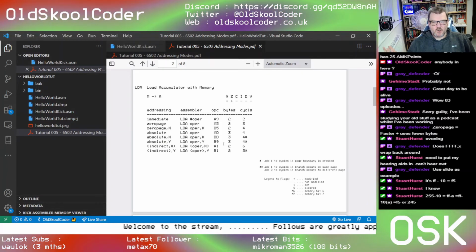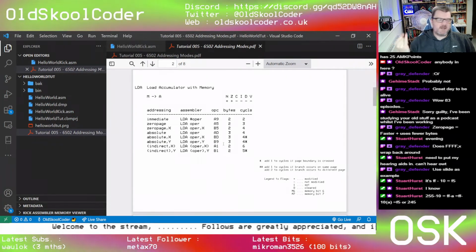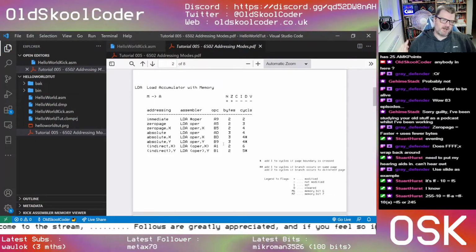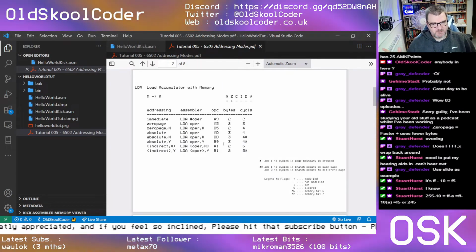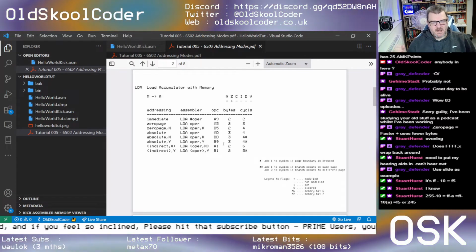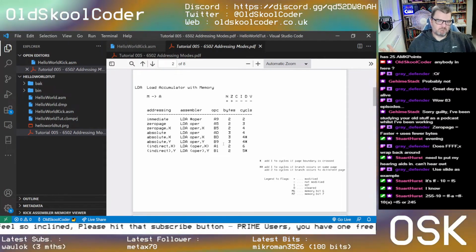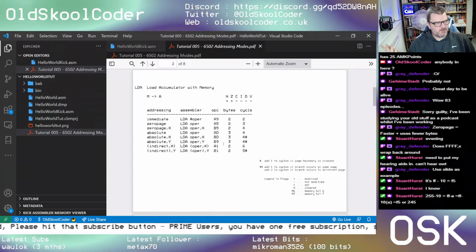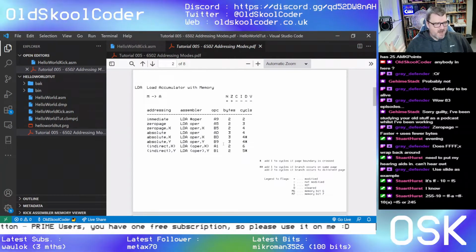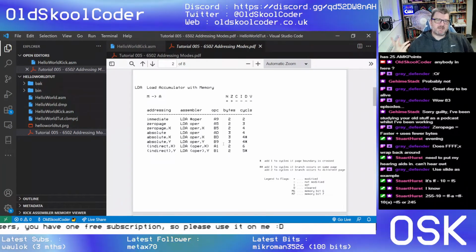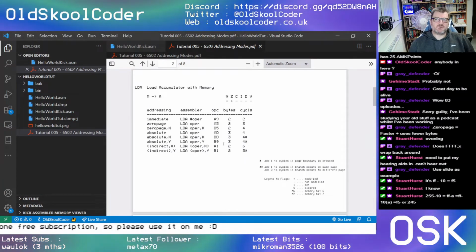Now, in your day-to-day life, you'll be using immediate the most, 0 page third most, absolute second most, then indirect. You'll use it, but you'll use indirect comma Y more than indirect comma X. It's very rare that you see an indirect comma X instruction in code.